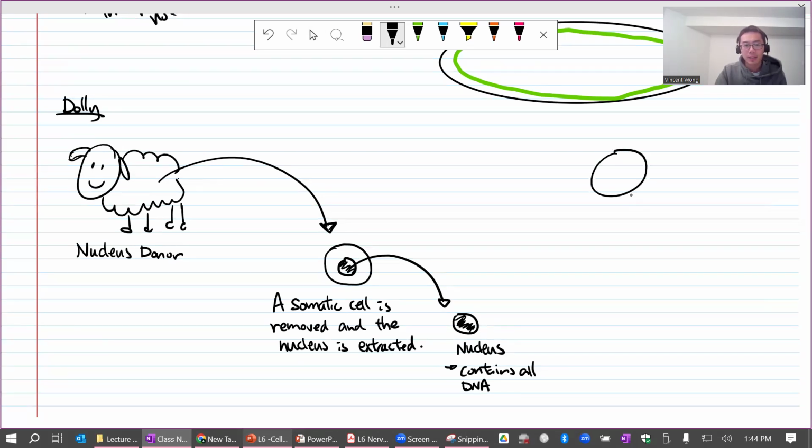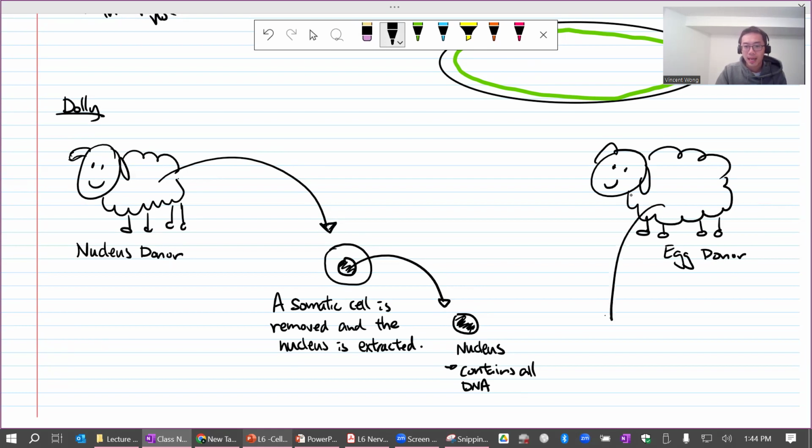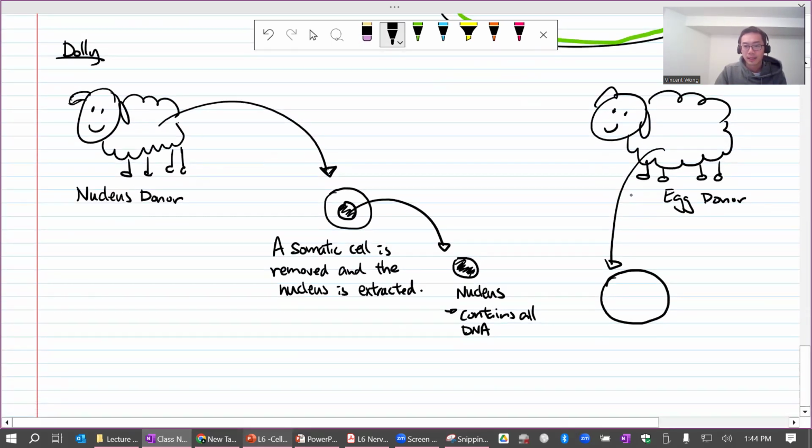And then we need to have another sheep. I'm sure they're not very happy to be in this experiment, but let's just assume they are. So number two, this is the egg donor. Egg donor, so female, right? So take the egg. This is an egg, and this is the nucleus.